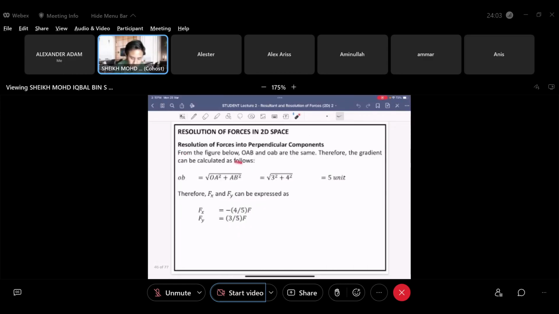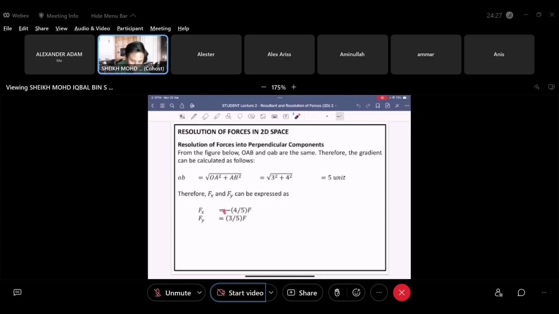So this is what I've been telling you. The hypotenuse is the same thing: OA plus AB equals OB. And you can find Fx from the ratio itself, right? You don't have to calculate cos theta, sin theta. Just straight away use this one: -4/5 and 3/5. This is the hypotenuse. This is the horizontal component. This is the vertical component.